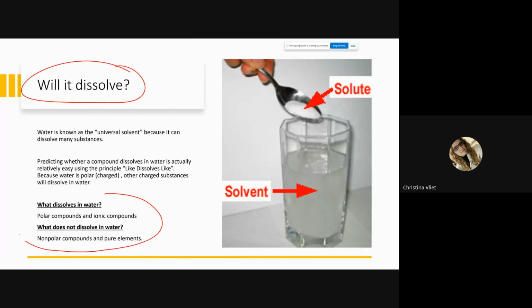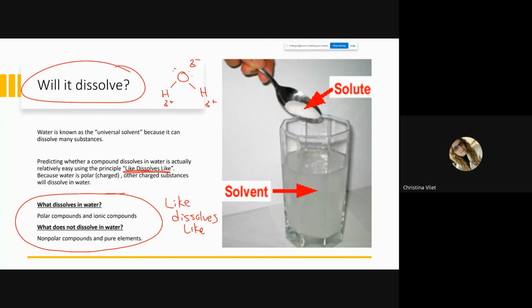We use the idea of "like dissolves like" to tell us what dissolves in water and what doesn't. Water itself is polar, meaning that water is partially positively charged on one end and partially negatively charged on the other end.